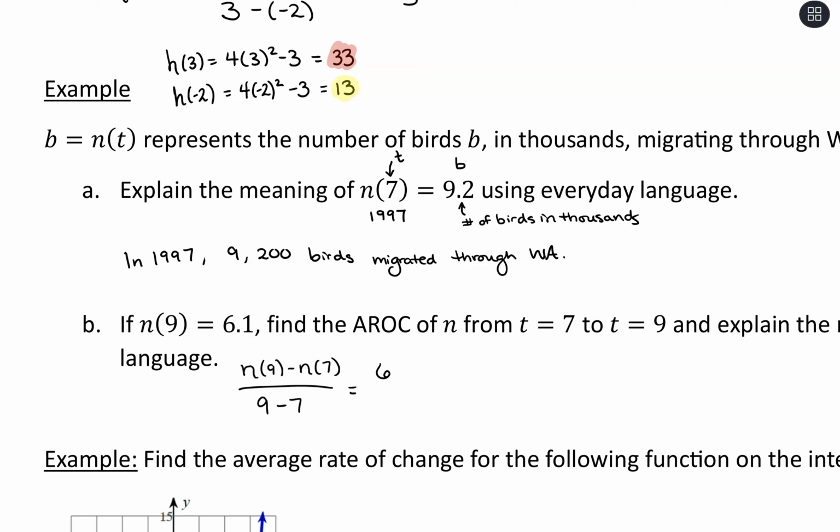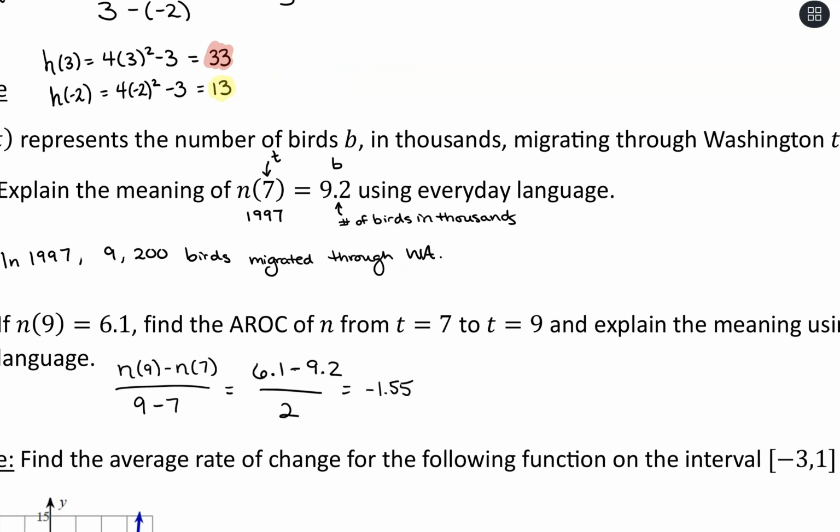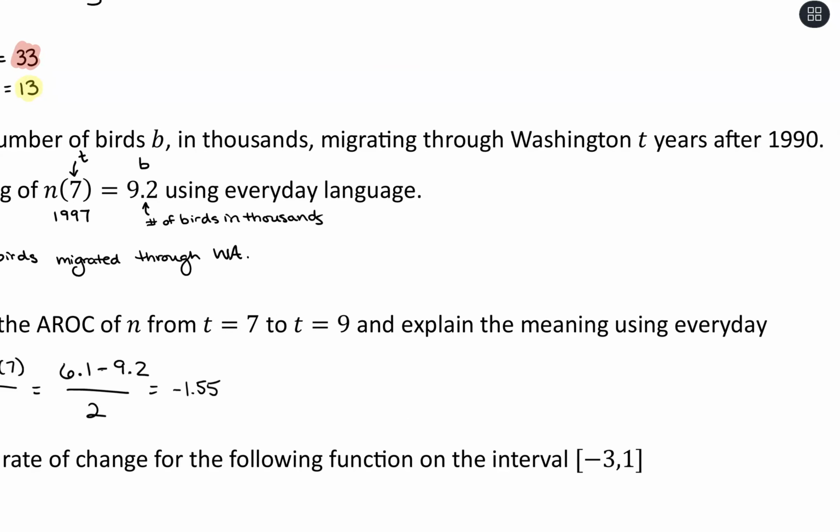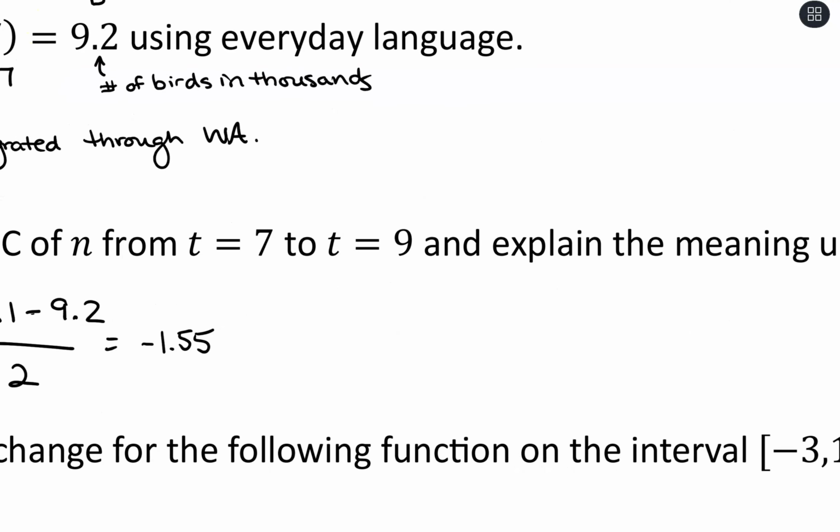So n of 9 is 6.1, and then we're going to subtract away 9.2, and divide that by 2, which we will find to be a negative 1.55. So we're looking between 1997 and 1999.